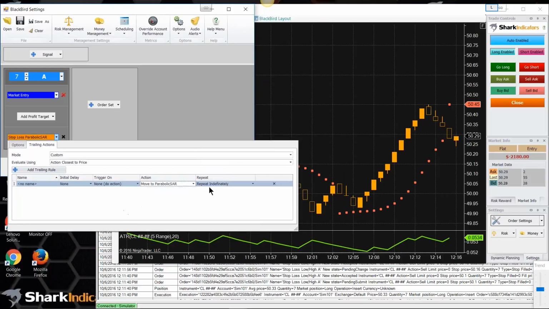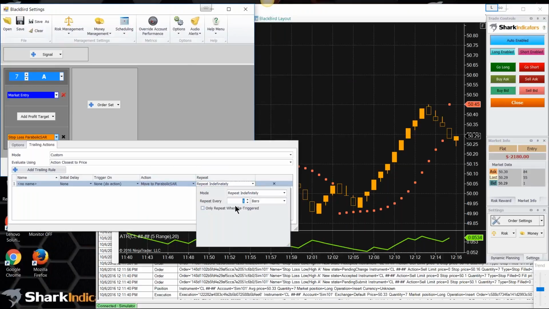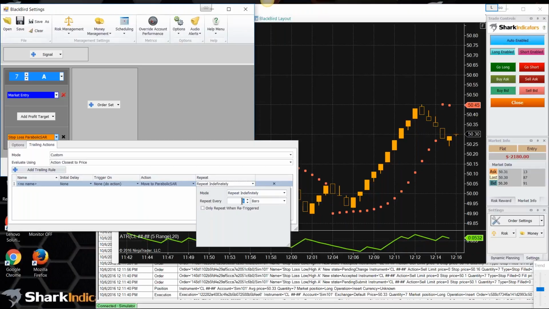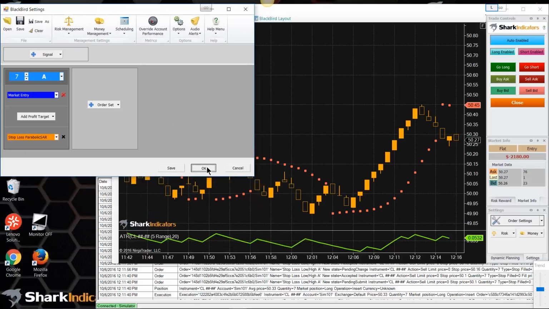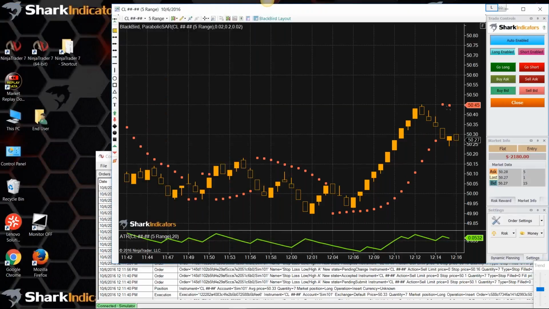Pretty straightforward. And then the repeat, since we're using an indicator, we're going to repeat the trailing rule once per bar, once when the bar closes. All right, let's click OK.